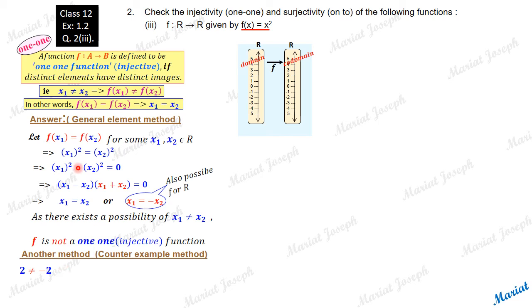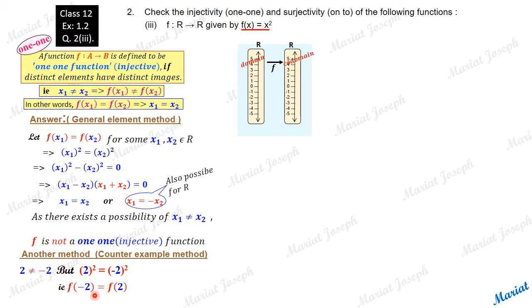So, having these two numbers unequal, the images are coming equal. These two images are equal. That is, f of minus 2 is equal to f of 2. So, having these two elements unequal, we happen to land at the images equal, which goes against the definition of 1-1ness. Therefore, this goes as a counter example.